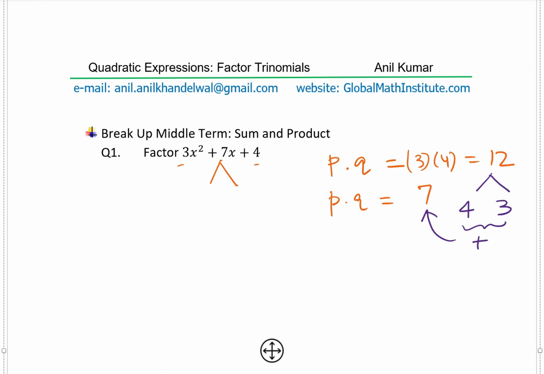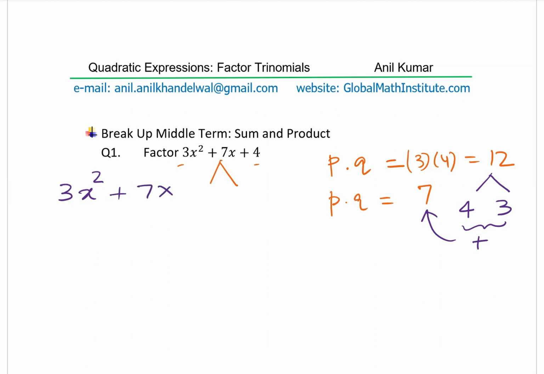So first let me rewrite the function itself, which is the trinomial 3x squared plus 7x plus 4. Now we will split 7 into 2, and what we are going to get is 3x squared plus 4x plus 3x plus 4. And now we can group them and then factor.